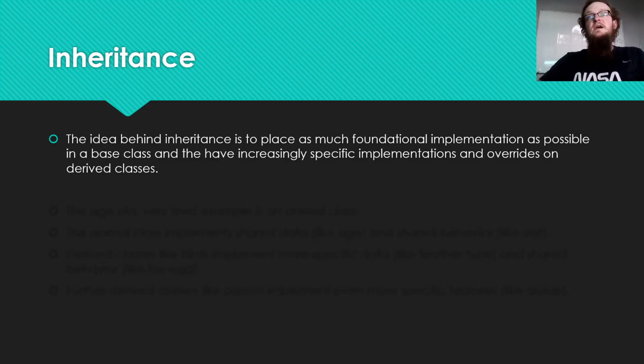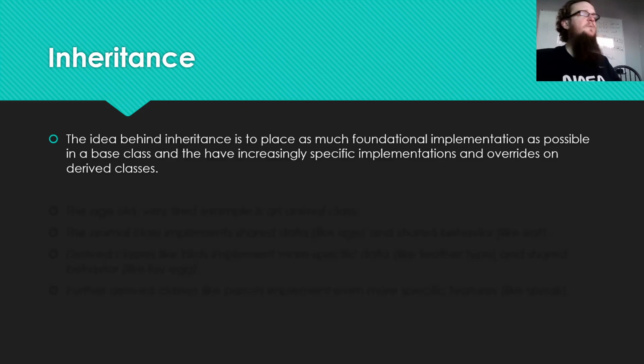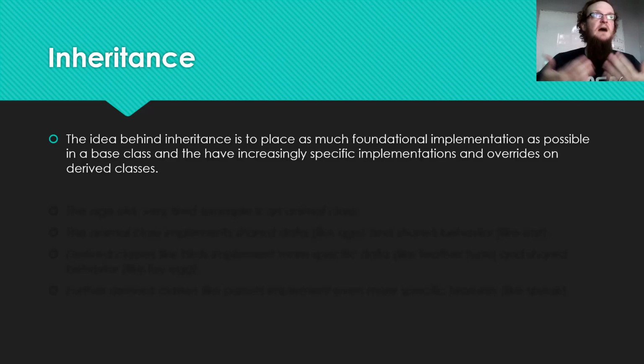So, inheritance. The idea here is to put as much core functionality into what are called base classes in C# as physically possible. If you are looking at building a POS, or point of sale, system, you basically want a whole bunch of items. There's a general idea of a thing that you can buy, and then you can build increasingly more specific items that inherit from item, and all of those items will have the same core functionality.